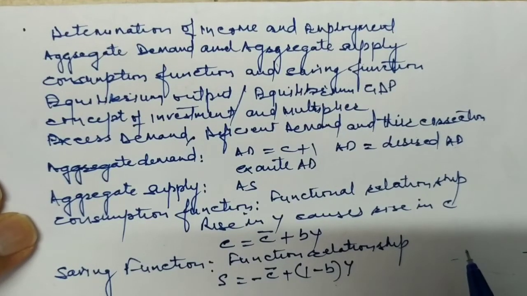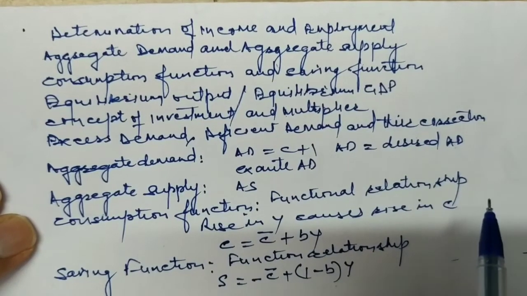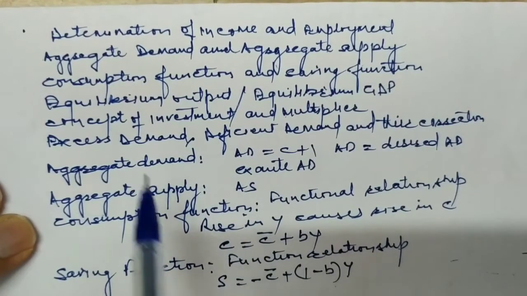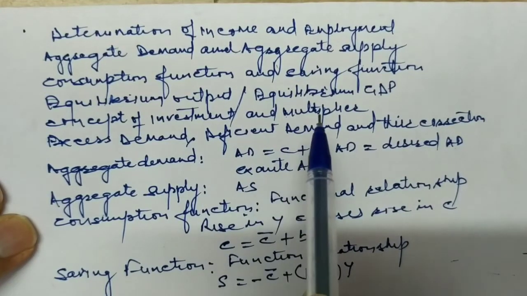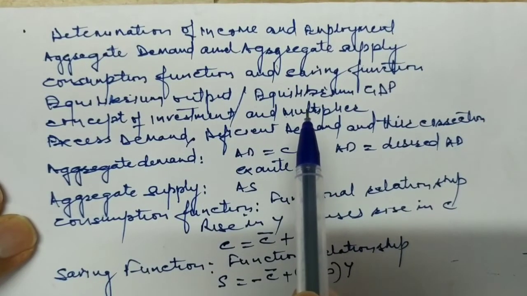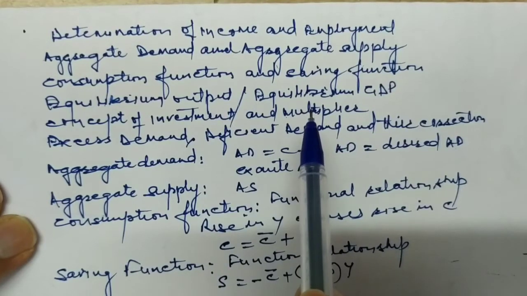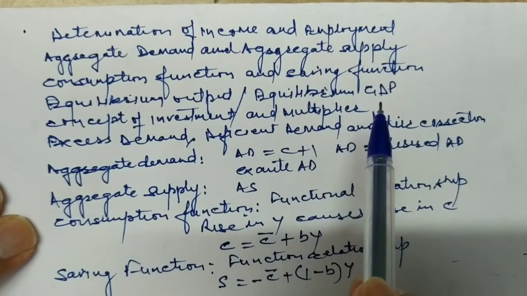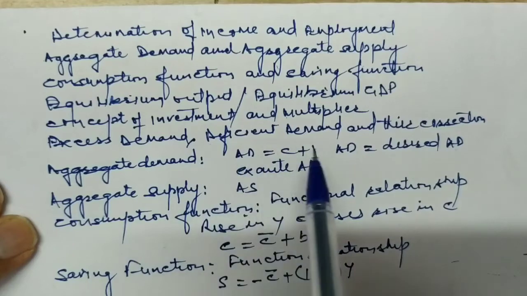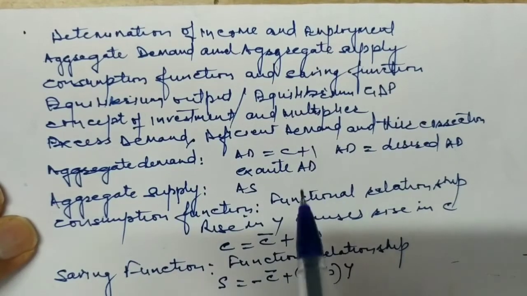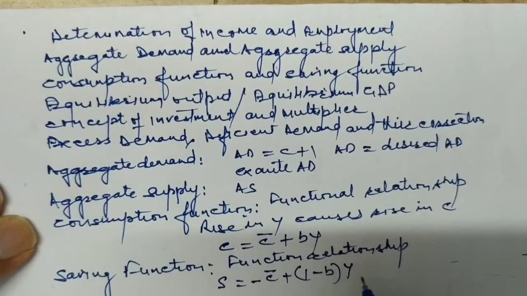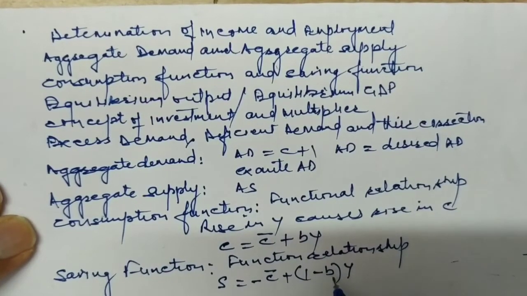And so in a nutshell we can say that aggregate demand is the total expenditure on goods and services during the period of time, that is 1 year. And saving function is the functional relationship between saving and income.